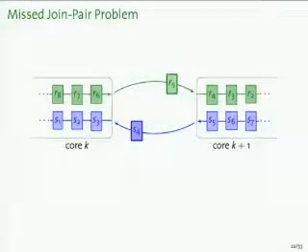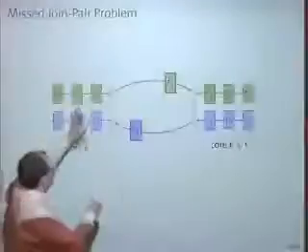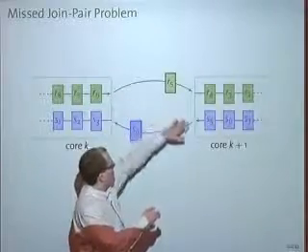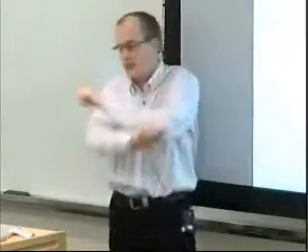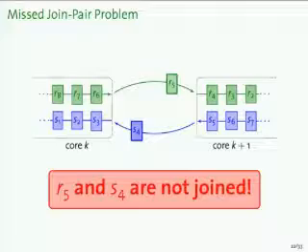The problem I just mentioned is what happens if a tuple is sent over here while one tuple is sent in the other direction, and they miss each other. So you don't have any join in that particular case.